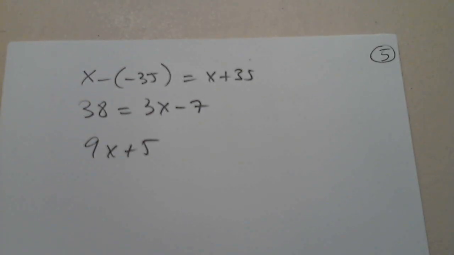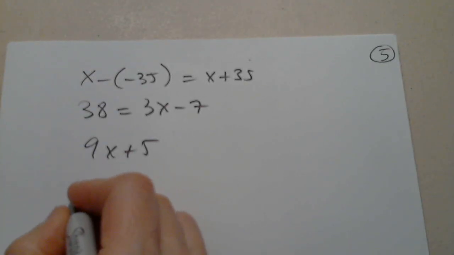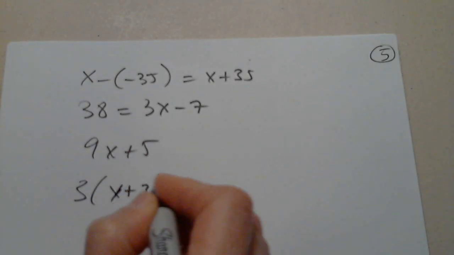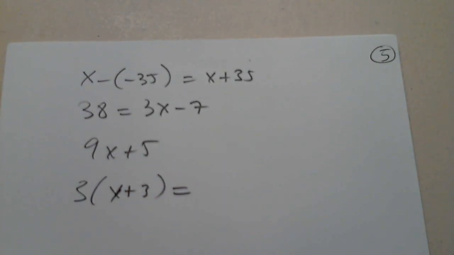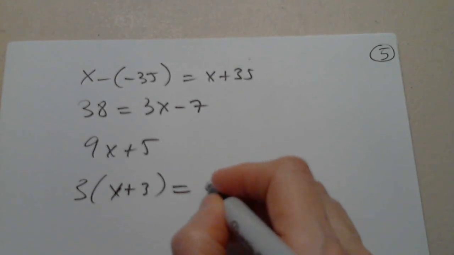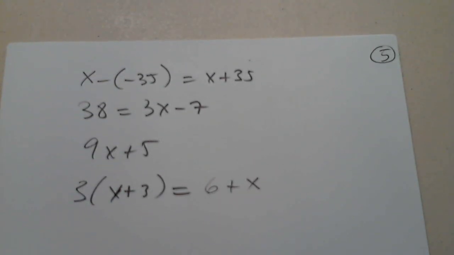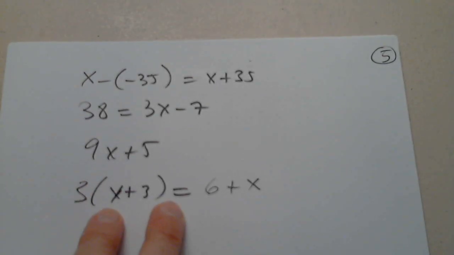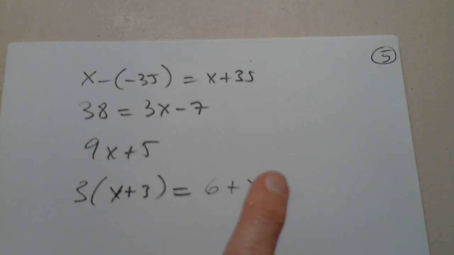Triple the sum of a number and 3: 3 parentheses x plus 3 and close parentheses equals 6 plus x. Very good. So let's read this one more time: the triple of the sum of a number and 3 is the same as 6 more than that number.